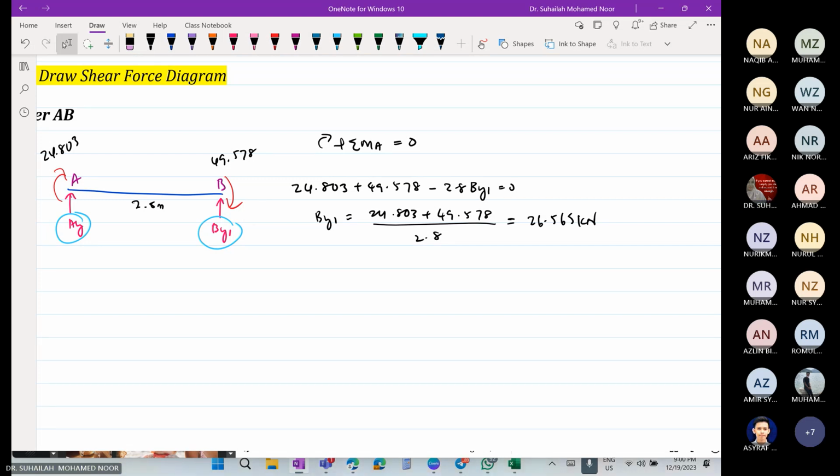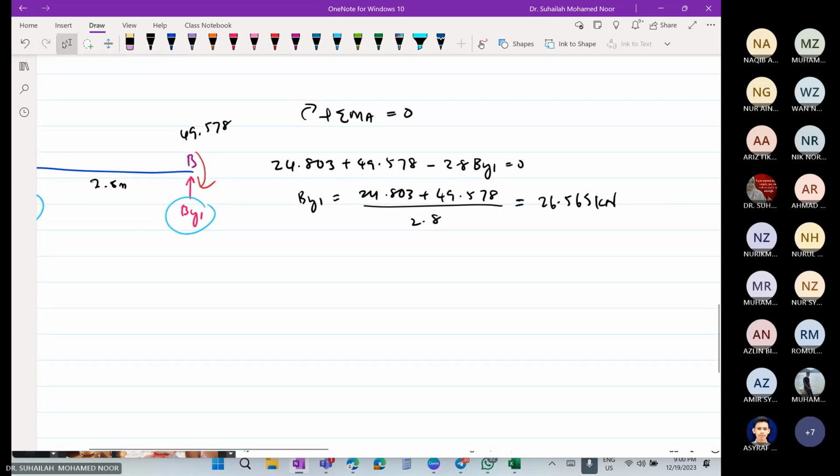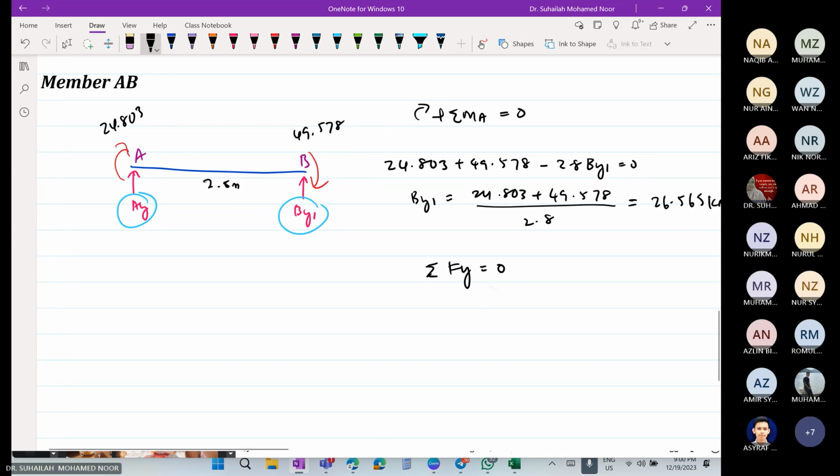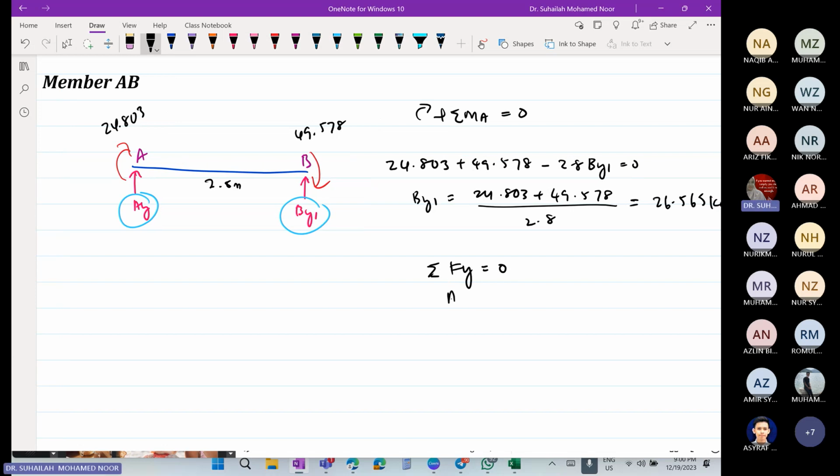So what is AY? If you want to write it in complete form, of course, you have to apply total Fy. But we already know the AY value. So how do we determine that? Total Fy: AY plus BY1 equal to 0, right?